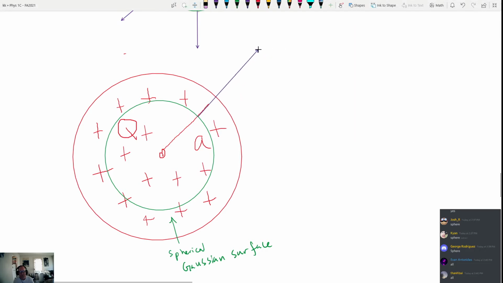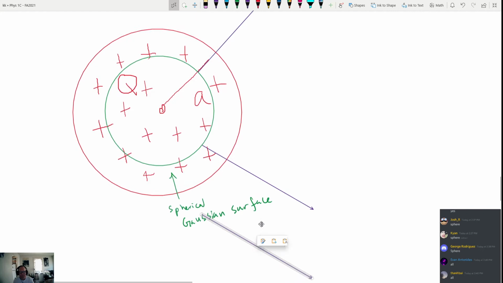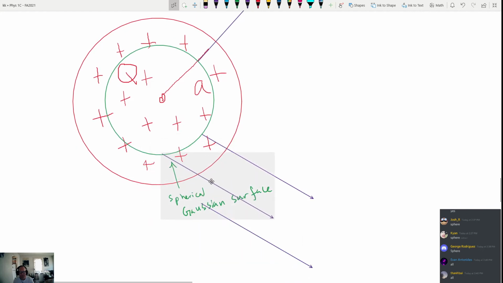So we'll have one kind of going this way. I'm going to draw these all out and we can talk about them. I don't think this part's obvious at all. Here are our field lines coming out of our Gaussian surface. I should really be drawing them. This is fine. Something like that. Draw one down here at the bottom.